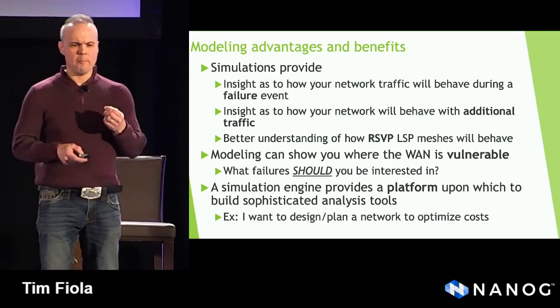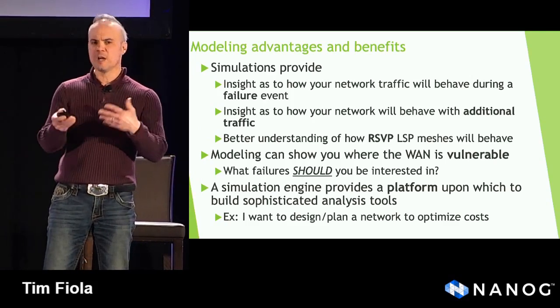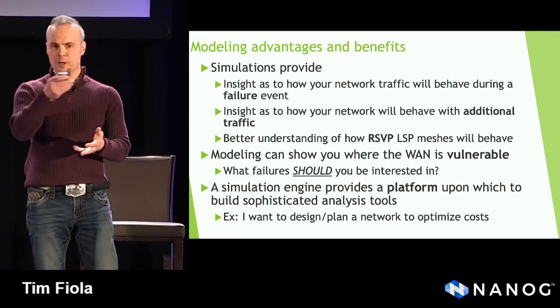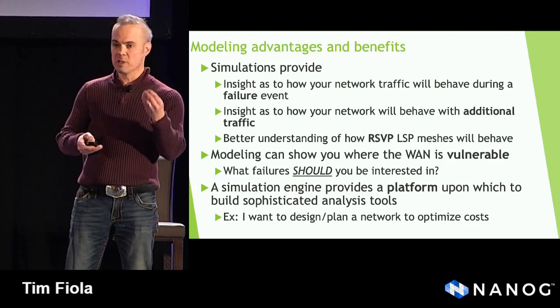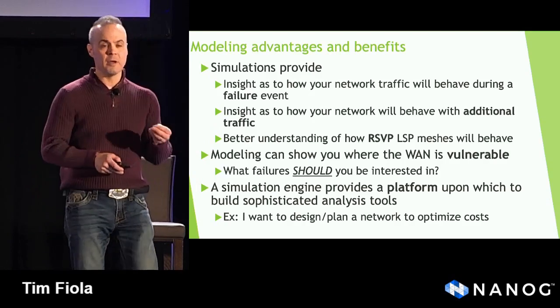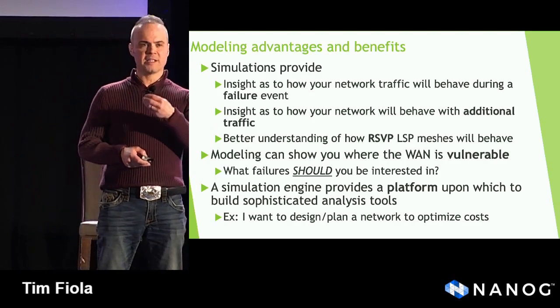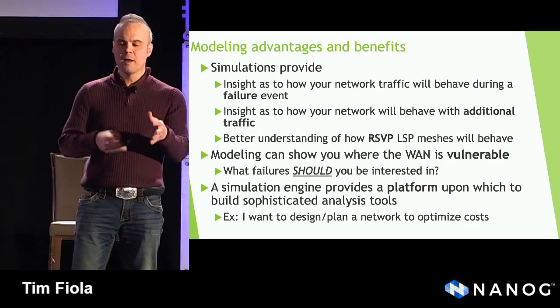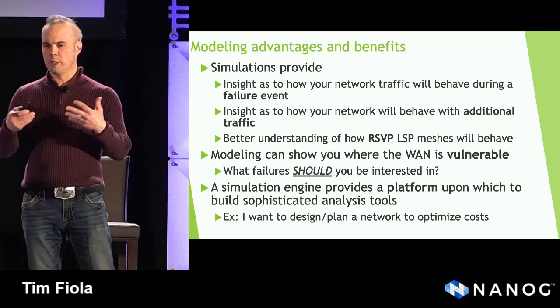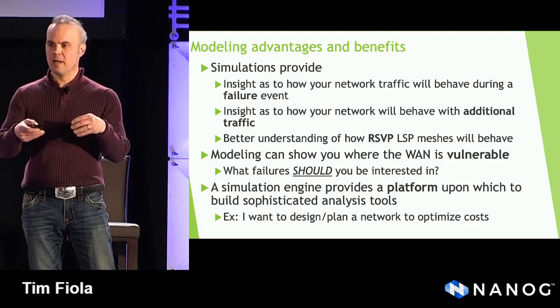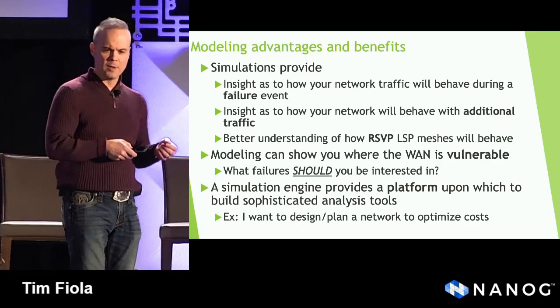So modeling can uncover vulnerabilities in the WAN. You run a bunch of different scenarios and realize we're exposed here. We have risk on this link that we didn't know before. That's non-intuitive, but it's there. Modeling can help uncover what you should be interested in as far as failures in your network.